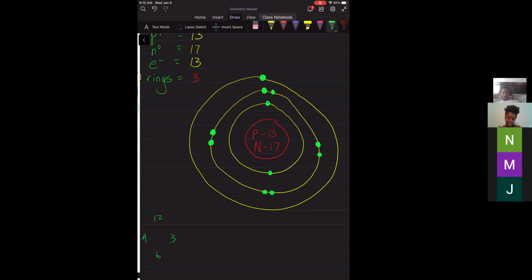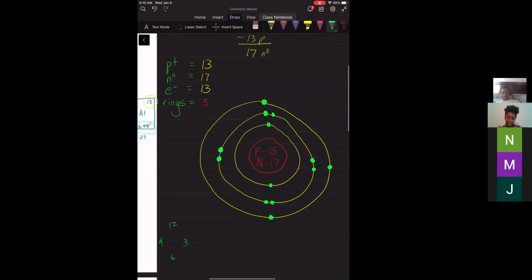It can only hold 8. 12, 13. And we're all done. So now when I look at this, I should be able to tell that this is aluminum 30. Aluminum 30, okay?